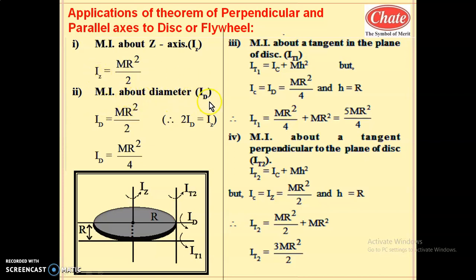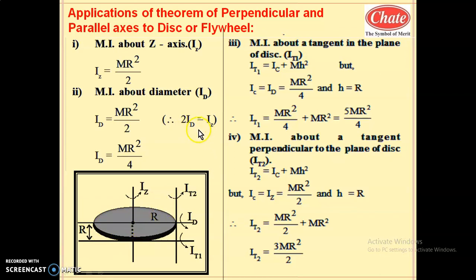So using perpendicular axis theorem, Iz equal to Ix plus Iy. Ix is equal to Iy. Let this be Iz, so Ix will be like this and Iy will be like this. Ix equal to Iy, both are Id, that is moment of inertia about diameter.